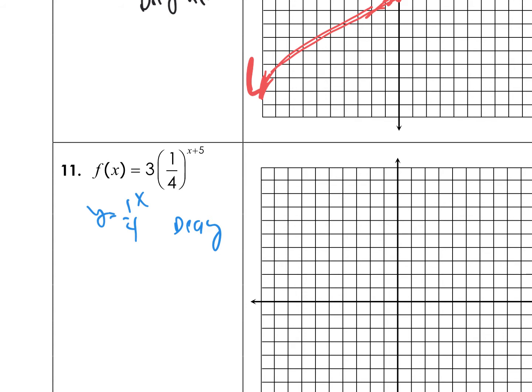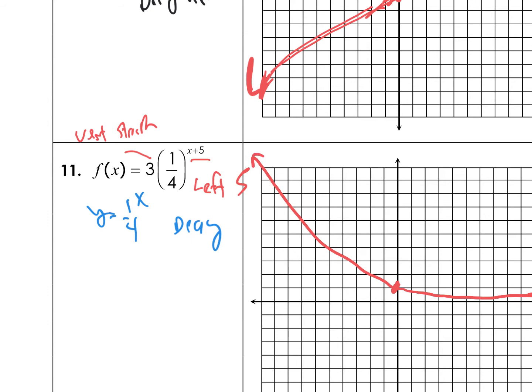But the plus 5 means left 5, and the 3 means it's a vertical stretch. So my original parent had a y-intercept there, and it was a decay, so it was going to do this. There's my original parent function, something like that.